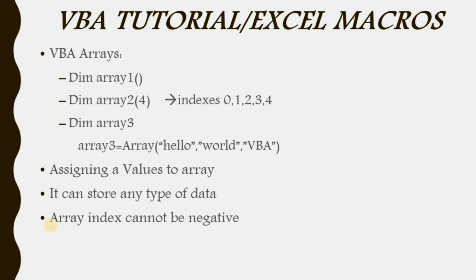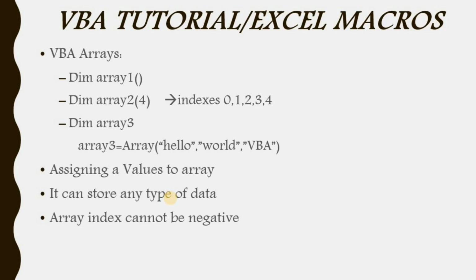Another type of initializing an array is Dim, the array name itself, with no need of specifying anything. Then you can initialize the complete array values using the Array keyword. Array of strings or different types of integers, you can also mention here.